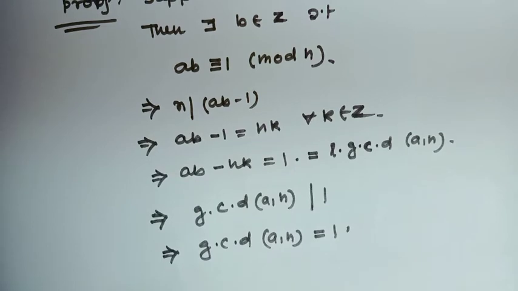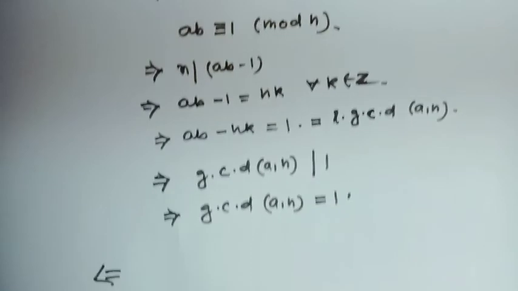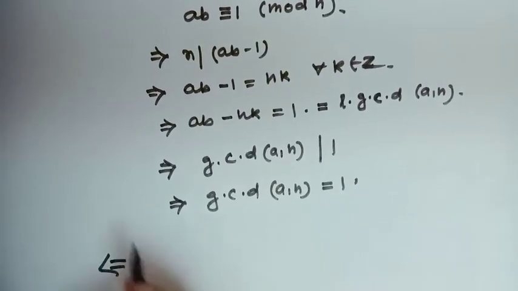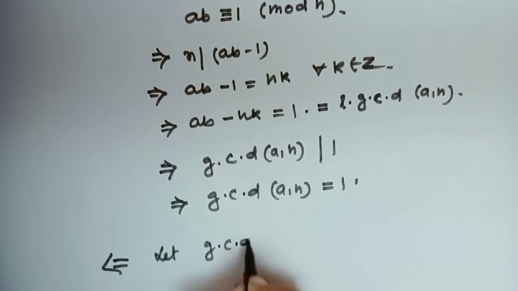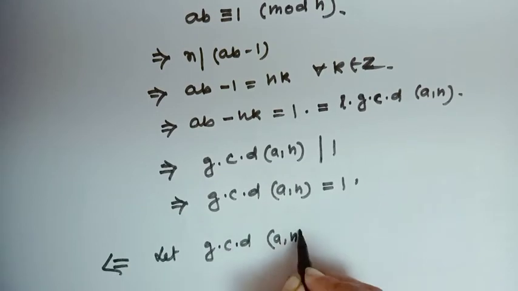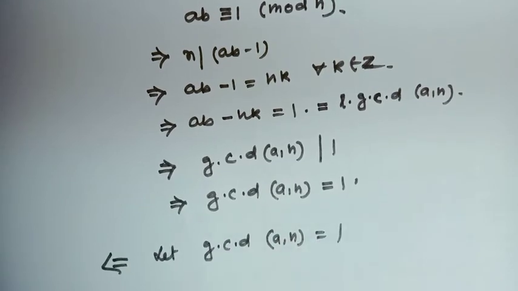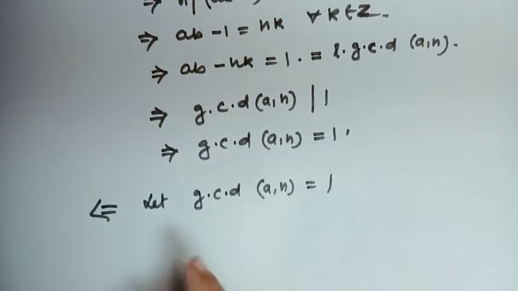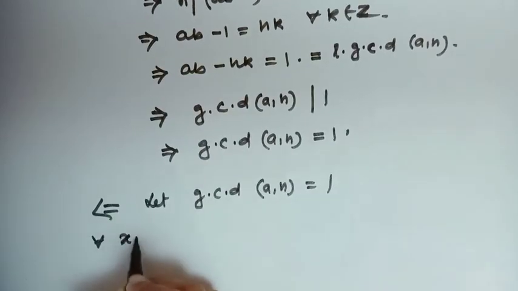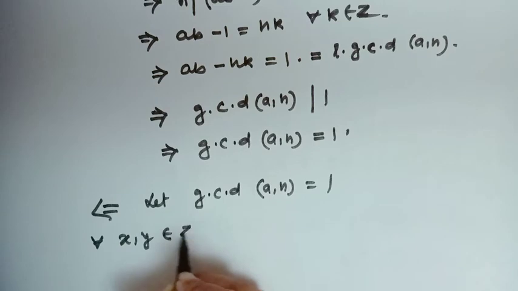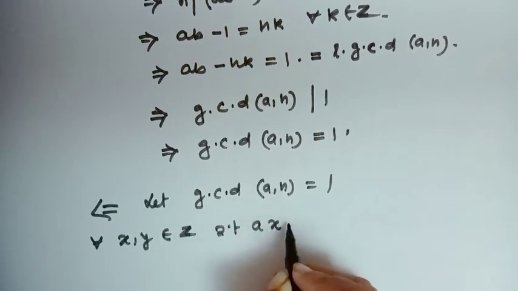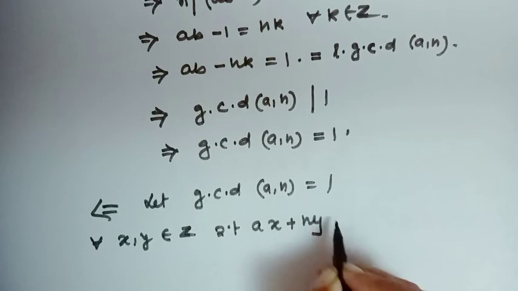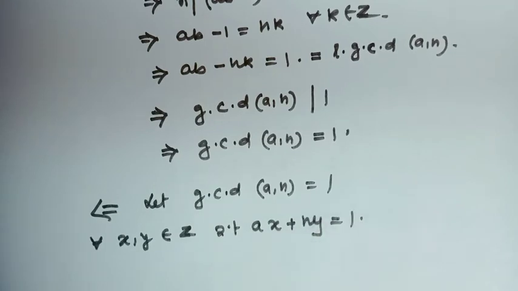Conversely, let the GCD of a and n equal 1. That implies there exist x, y in the integers such that ax plus ny equals 1.